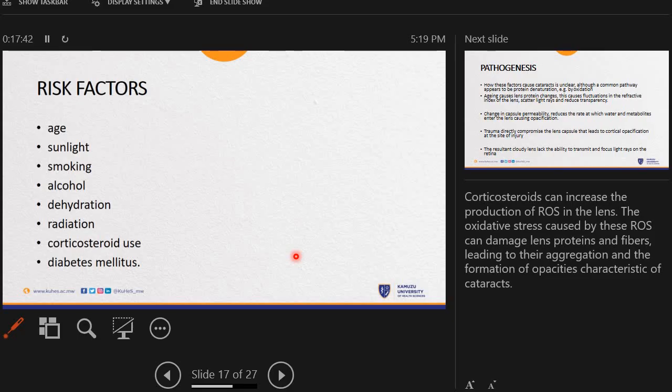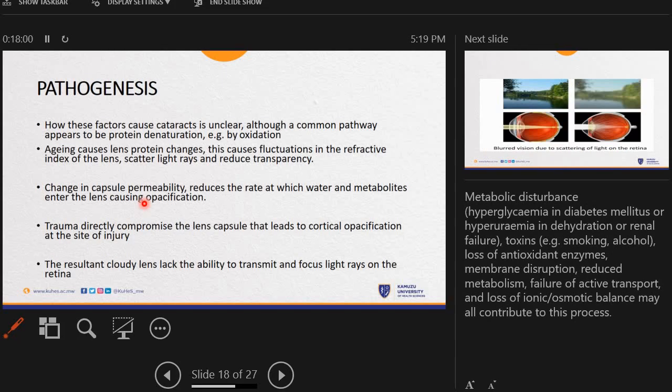And other systemic conditions that I mentioned earlier, like diabetes, neurofibromatosis, atopic dermatitis, myotonic dystrophy, and other systemic conditions. So now to go into the pathogenesis.